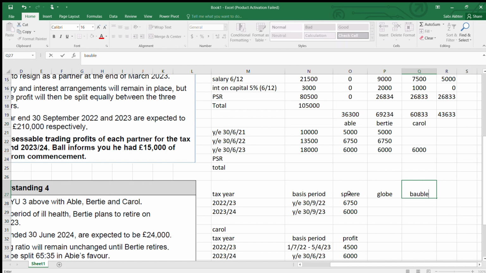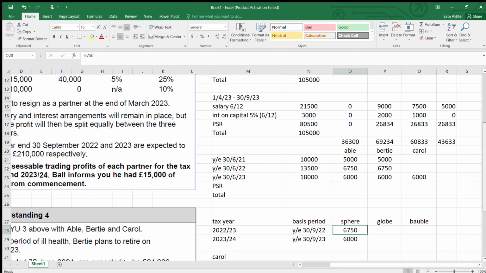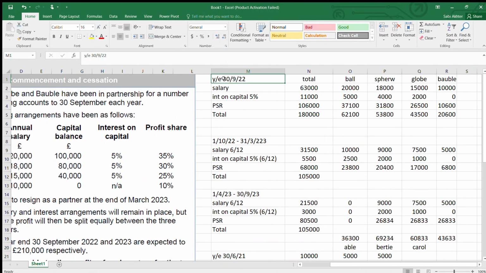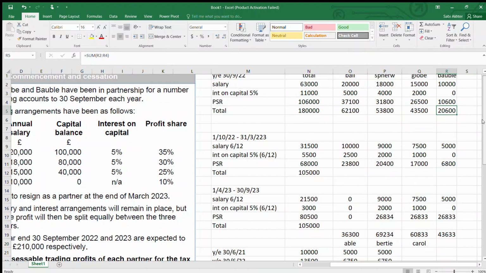Remember, for Paul, since he's leaving, he will be assessed on the closing year basis. They will be assessed on current year basis: Spare, Globe and Power. Here, what is his profit? This one, 53,800 for this year. 53,800, 43,500, 2,600.